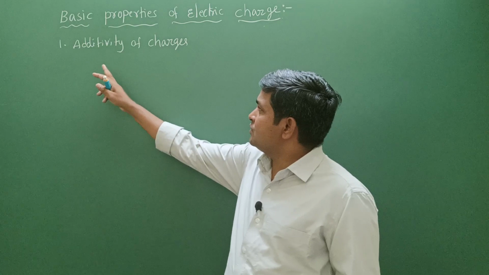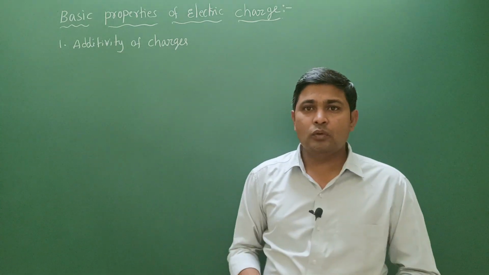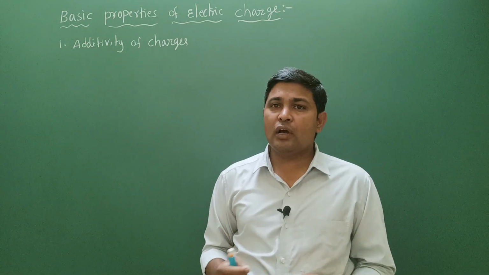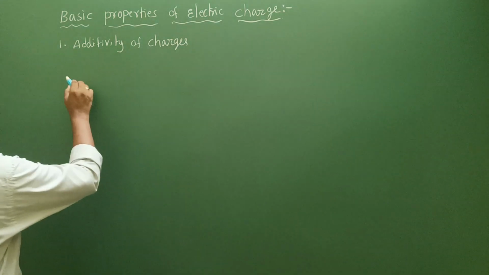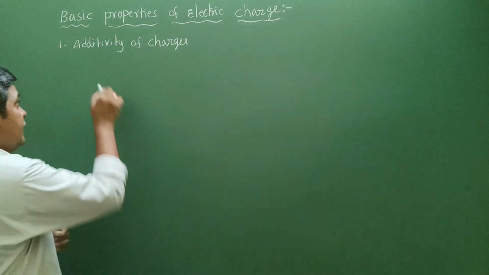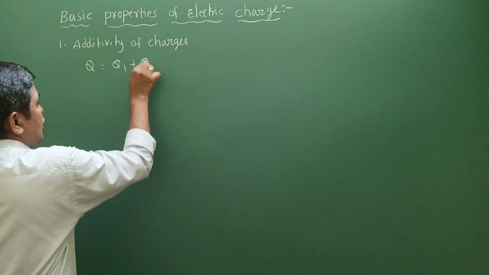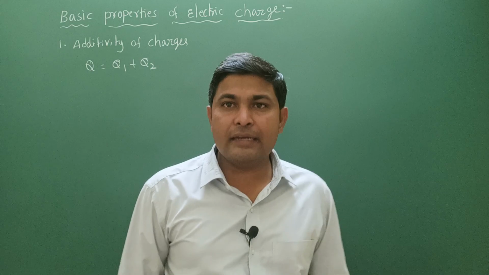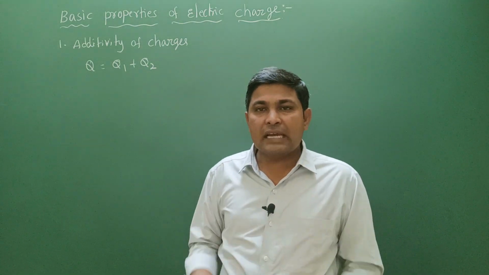But when it comes to the additivity of charges, we know that charges are of two types, right? One is positive, another one is negative. So when you talk about the additivity of charges, then Q equals Q1 plus Q2. If Q1 is negative or Q2 is positive, along with their sign we have to add.